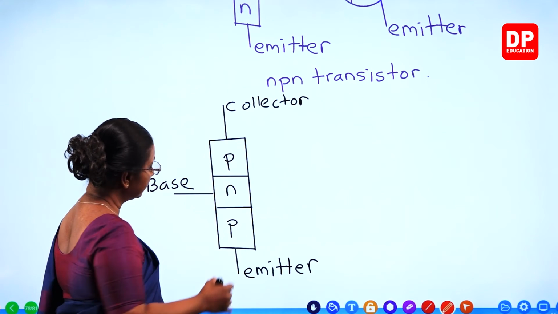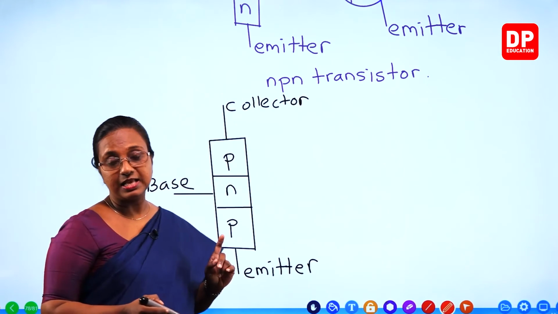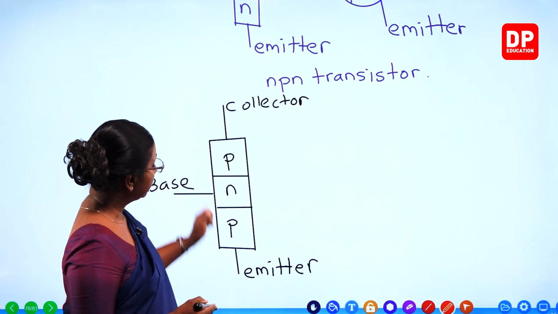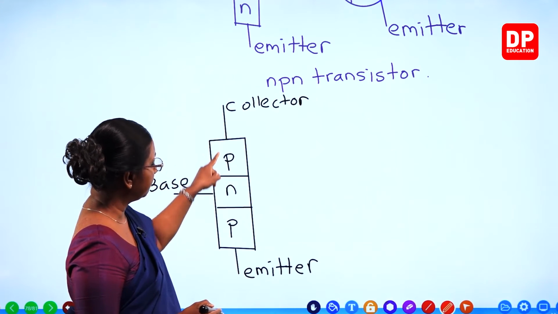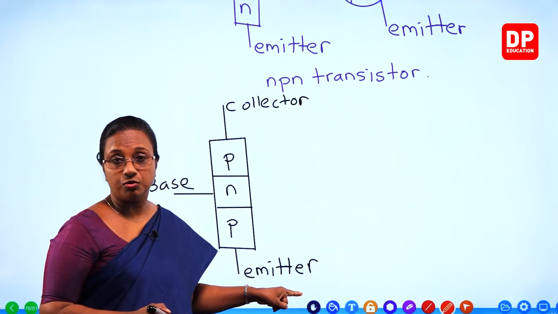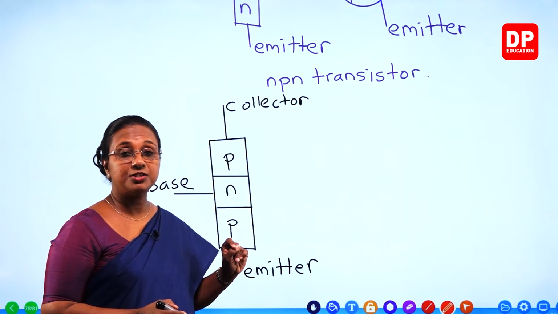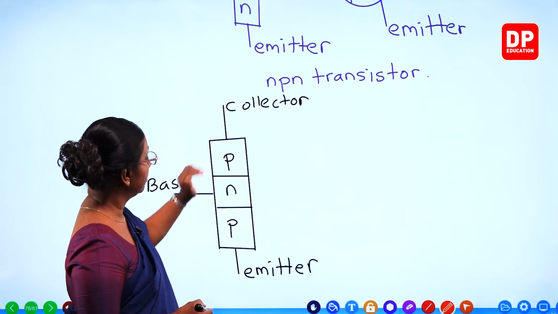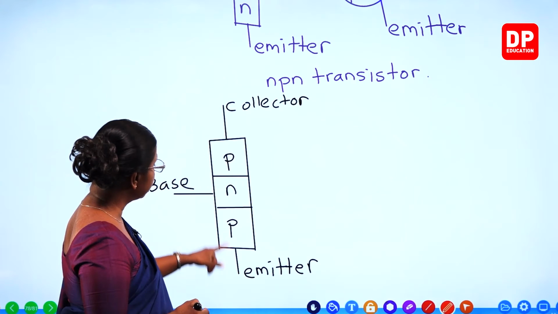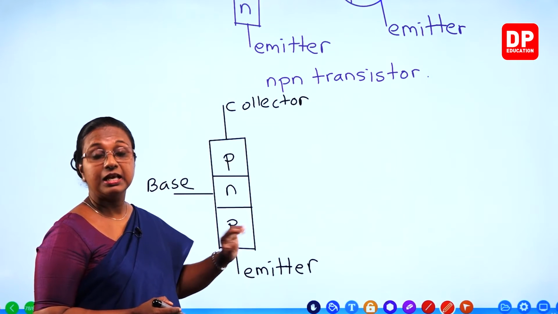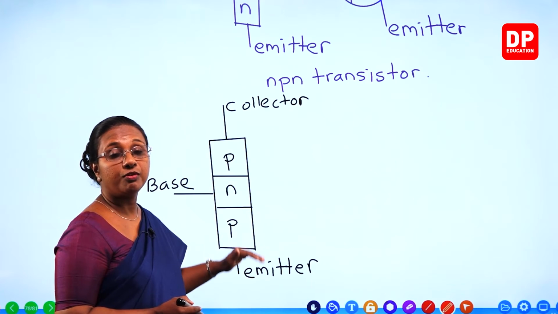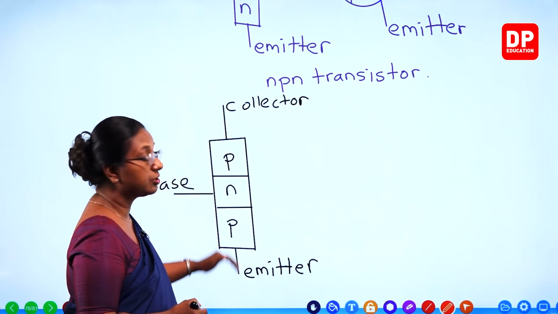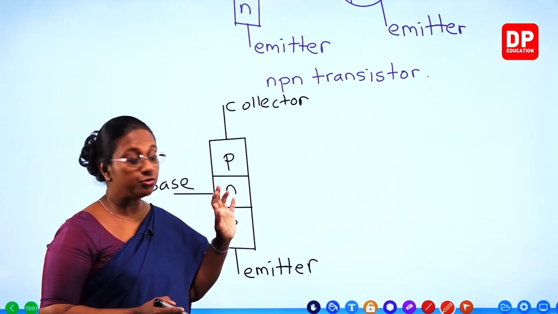You can write the letters also E, B and C, that is also okay. But here you all know, since it is PNP, emitter emits holes. So what is the direction of the current flow? Current flow will be from P to P. That means emitter base to collector. The charges also flow from emitter base to collector. Current also flows from emitter base to collector.